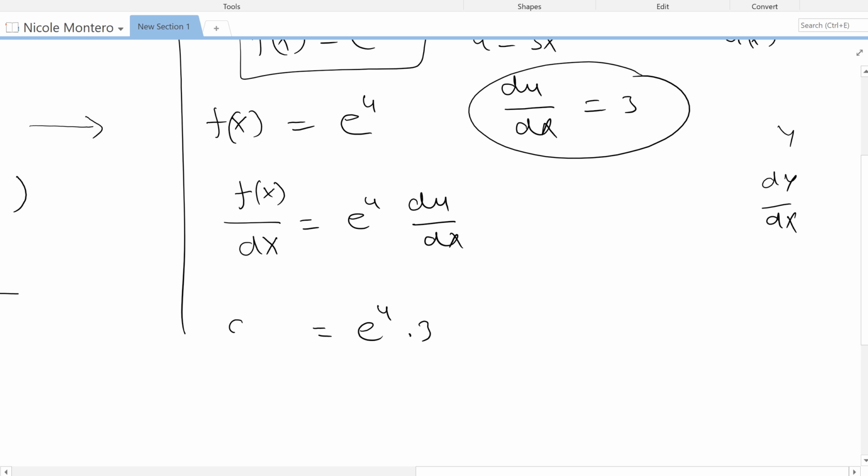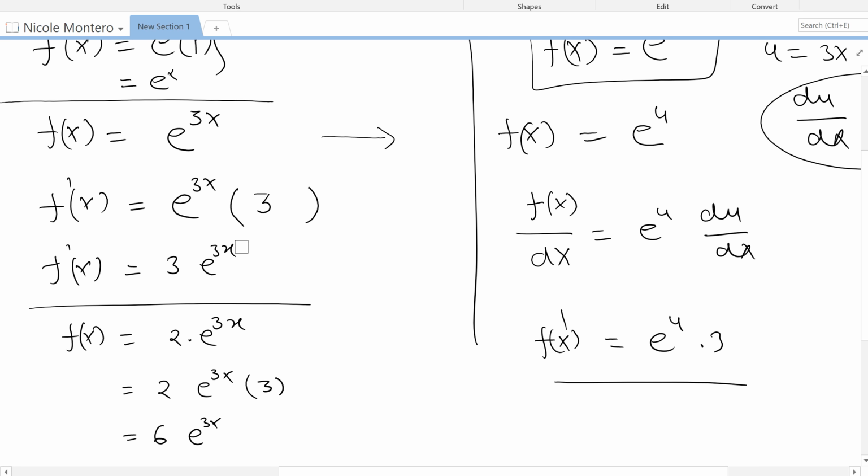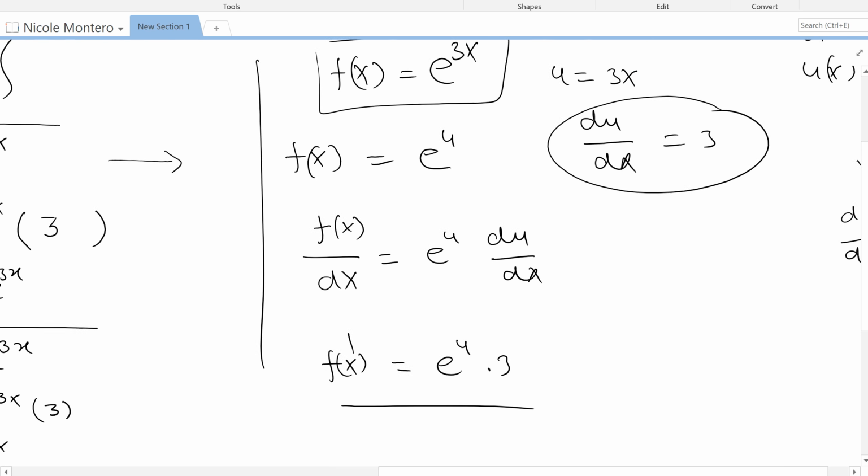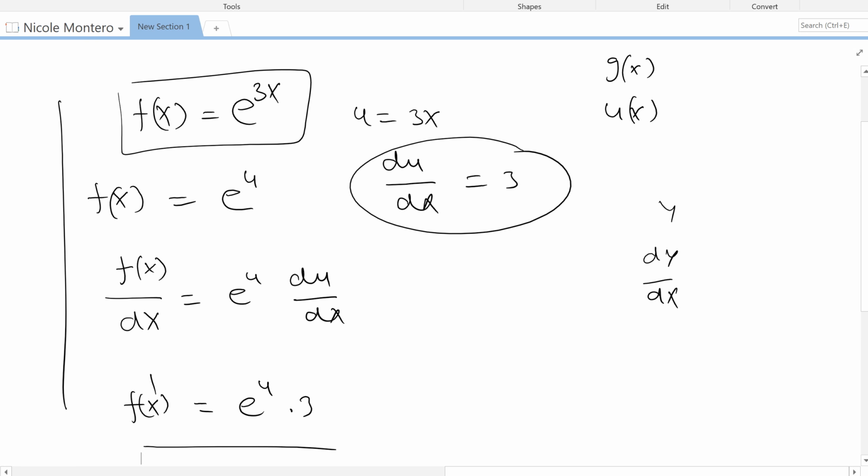So df over dx means the derivative of f, which is f prime x. So it's the same thing. But that's more of the reasoning behind it with the substitution, and we call it a chain rule.